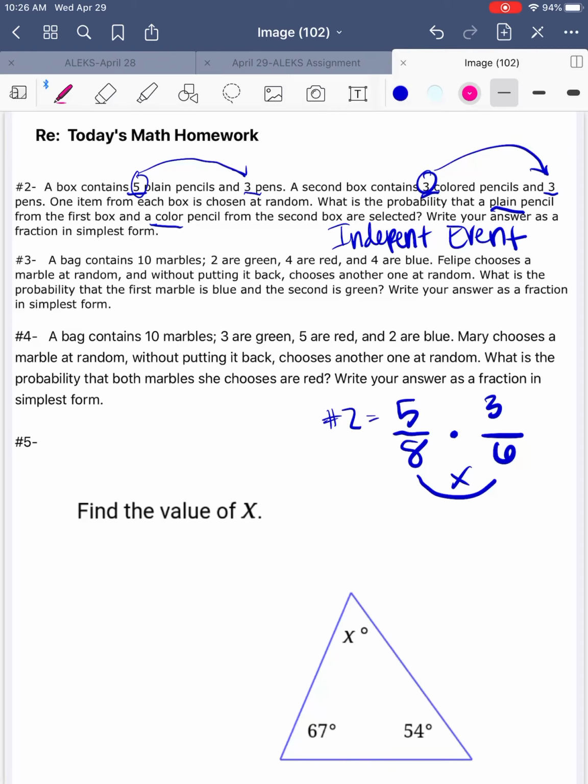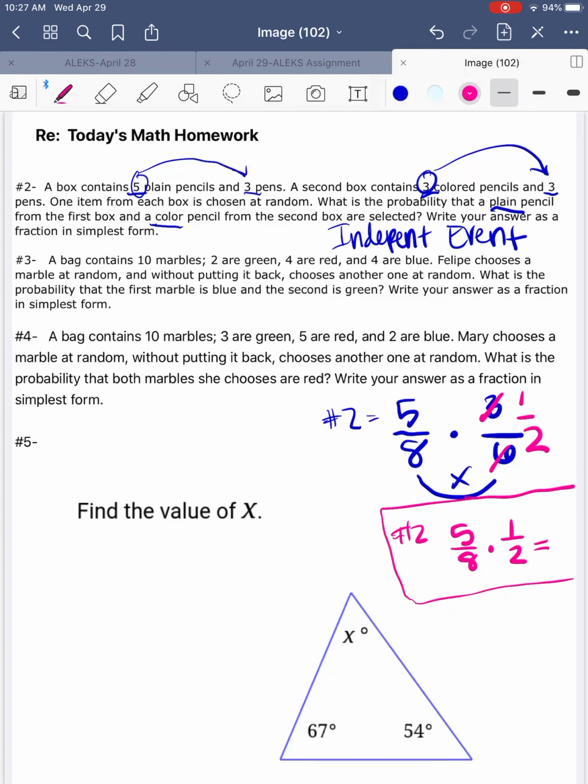But I need to make sure I can't reduce anything here, which I know I can reduce 3/6 to 1/2. So for this problem, to get your answer, you're going to take 5/8 times 1/2. And if you need to reduce anything, do that, but that will give you your answer. So finish working out that one for number 2.